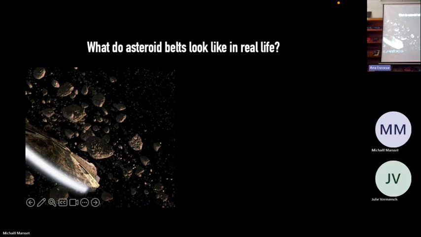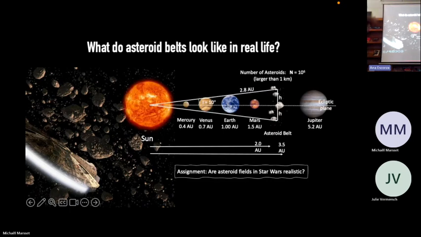So that's a nice assignment that I like to give to undergraduate students. It's kind of fun: knowing the radial extent of the asteroid belt and its orbital inclination, which is about 10 degrees, you can compute the volume of the torus centered around the Sun. Knowing that you have about 1 million asteroids larger than 1 kilometer, you can compute the average distance between objects in the main belt.